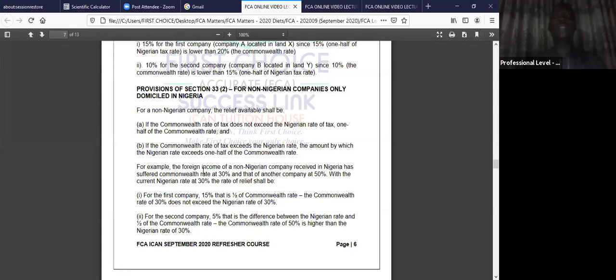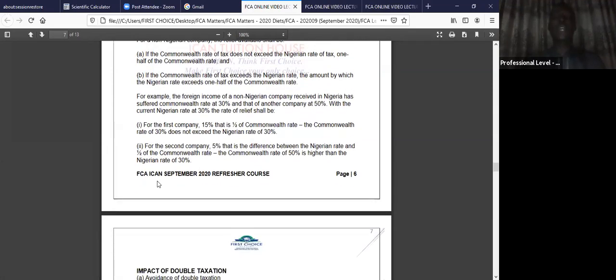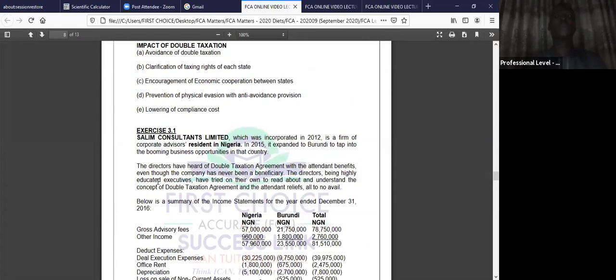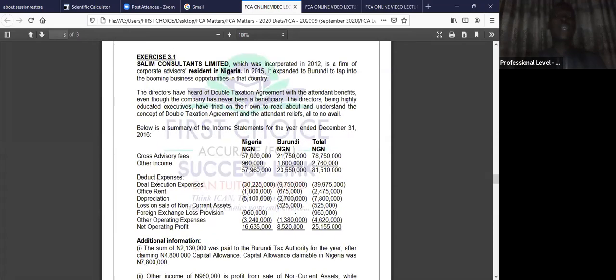So those ones that are outside the scope here, and they are non-Nigerian companies but they are in Nigeria, then this section covers them. Let's look at a question to see how we can resolve this double taxation agreement.